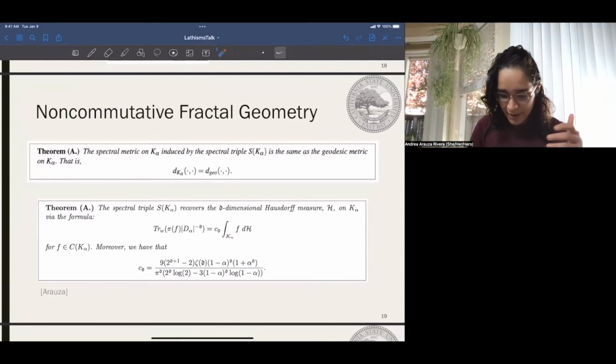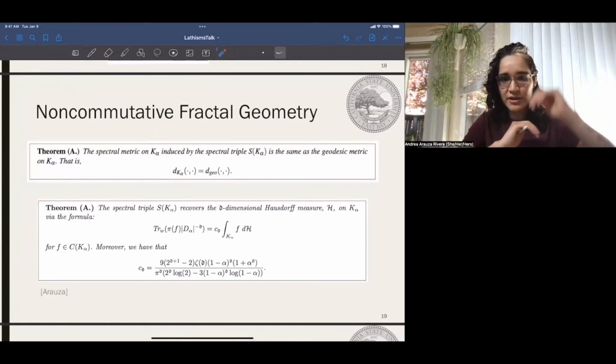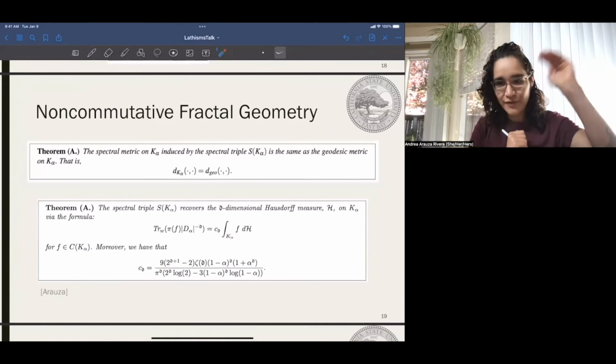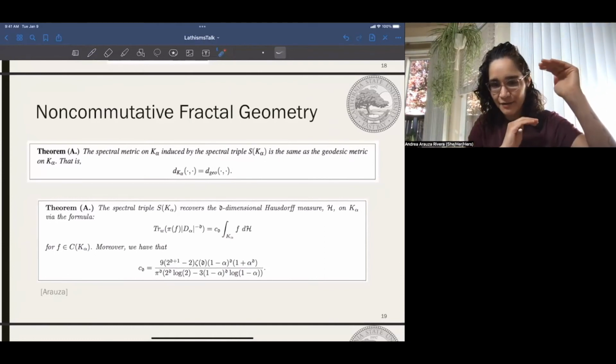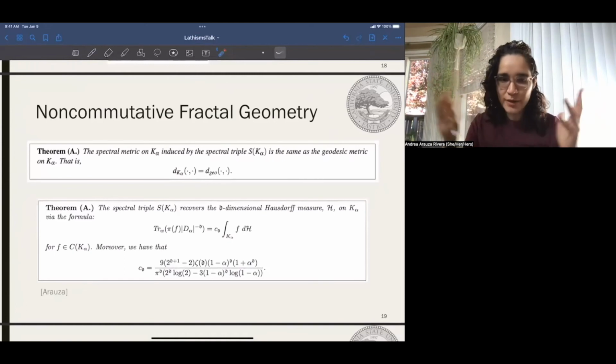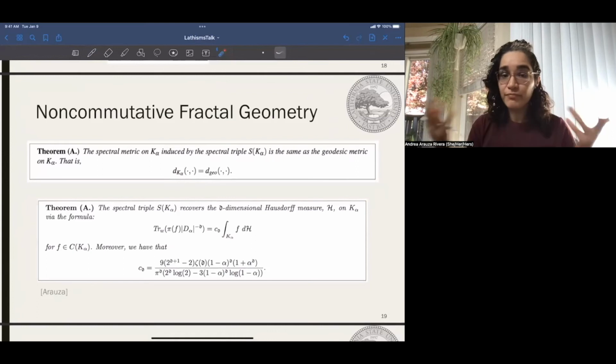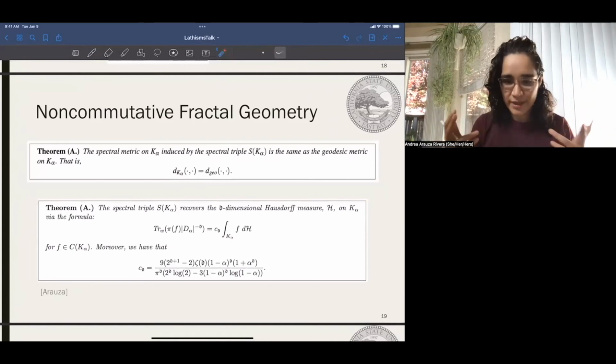And then I talked a little bit about this connection between dimension and measure at the beginning of the talk. I told you a little bit about fractal dimension, but I didn't tell you anything about fractal measures. One of the common ways of measuring fractal sets that we have is through using this thing called a Hausdorff measure.